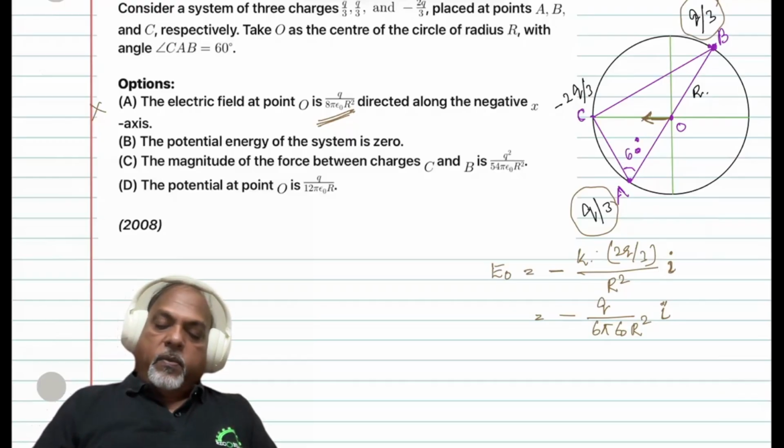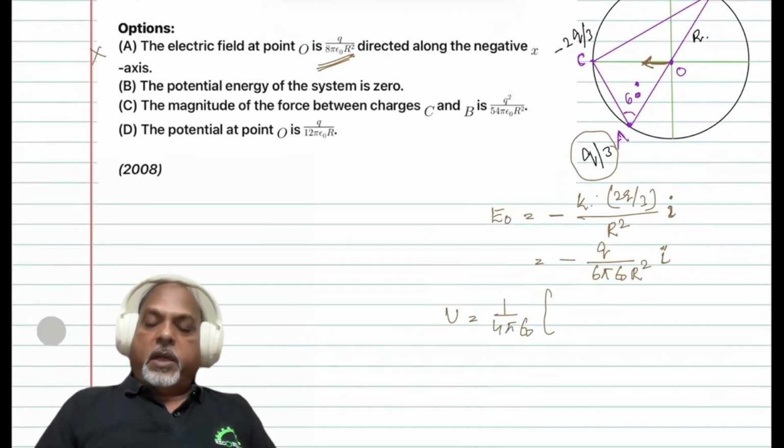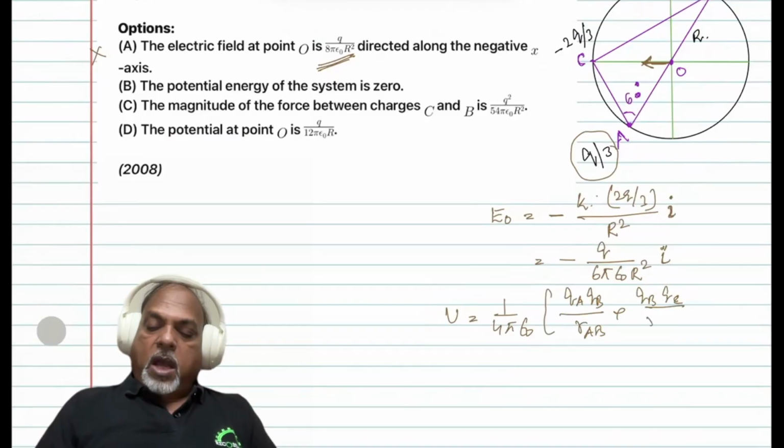The potential energy of these charges will be U equal to 1 by 4 pi epsilon 0 times QA QB upon RAB plus QB QC upon RBC plus QA QC upon RAC.